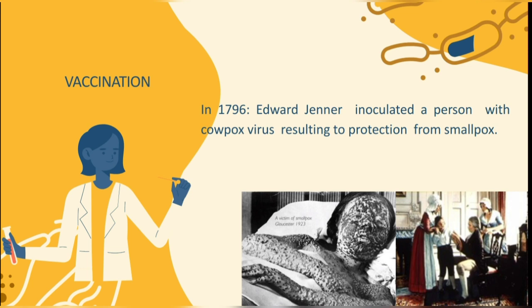In the year 1798, the first smallpox vaccine was developed. Over the 18th and 19th centuries, systematic implementation of mass smallpox immunization culminated in its global eradication in 1979.